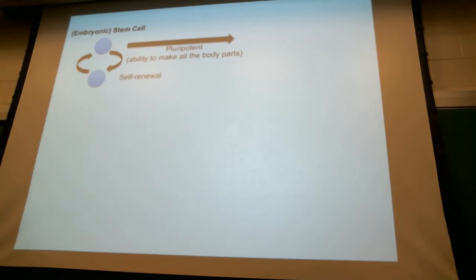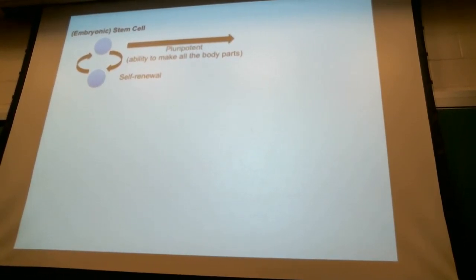Two criteria have to be fulfilled to say stem cell. One is the ability to replicate itself, which is called self-renewal. Another is the ability to make all the body parts, which is called pluripotency.